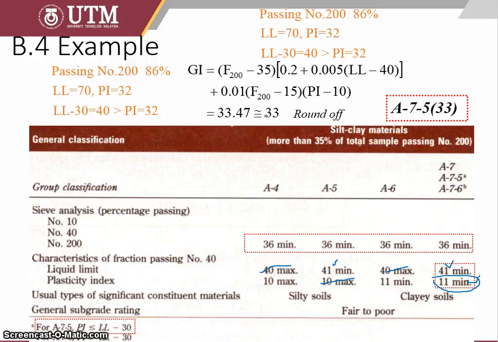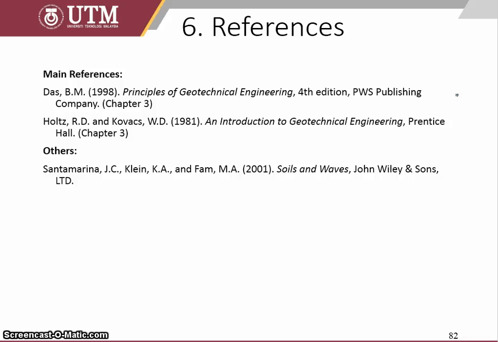So we can write down the classification for this soil as A75 in brackets 33, following the H2 soil type. For the reference, you can also refer to these books.